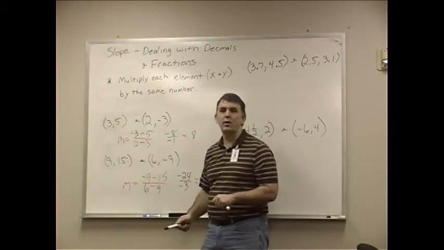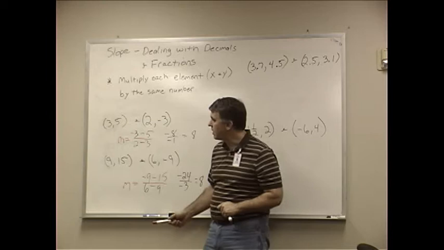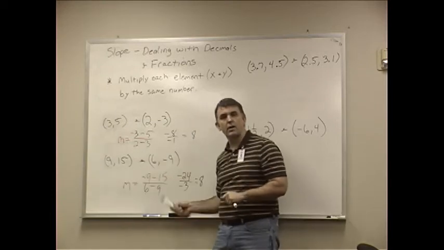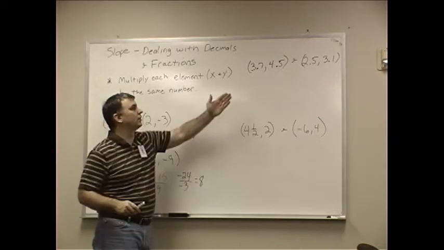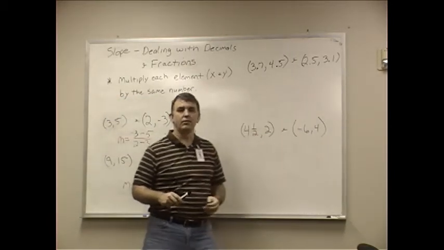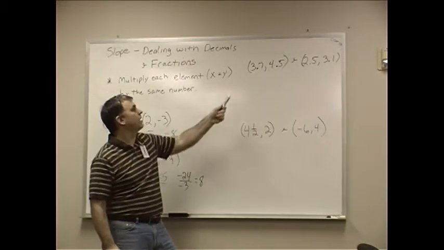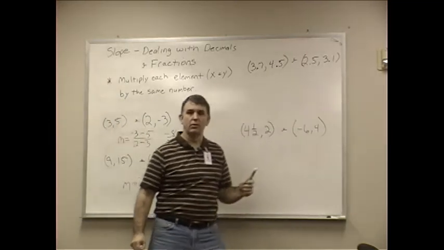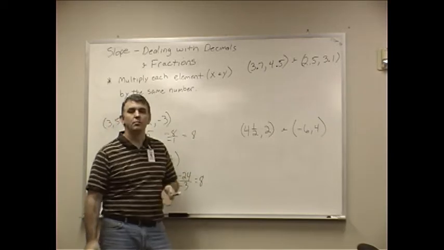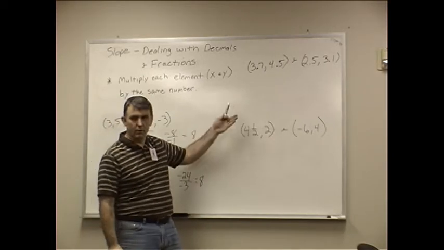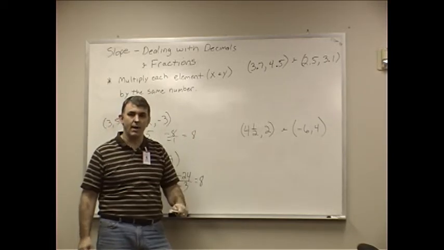Now you might be saying, okay, great, big deal. How does that help me? Because it wasn't hard to figure out either of these slopes. Let's take a look at this next problem over here with decimals. It's not any fun dealing with decimals. And when you have them in points, they can give us some pretty ugly numbers with decimals on the top and decimals on the bottom.